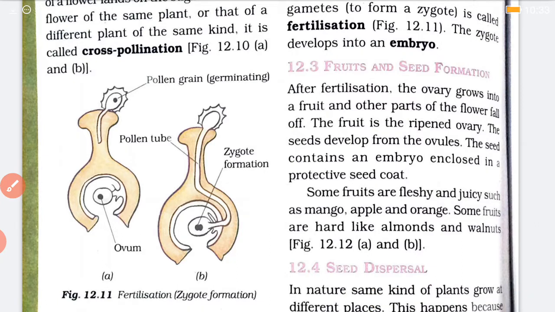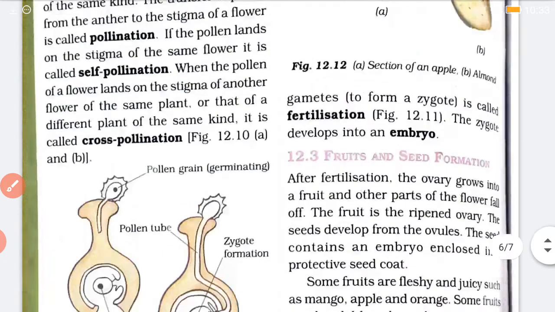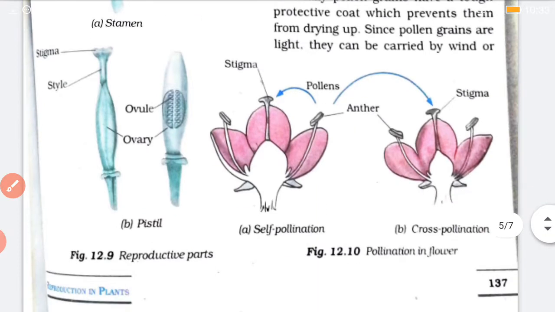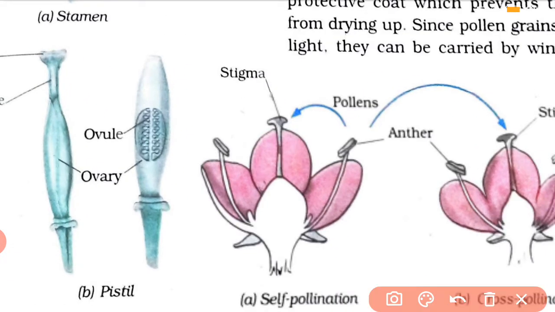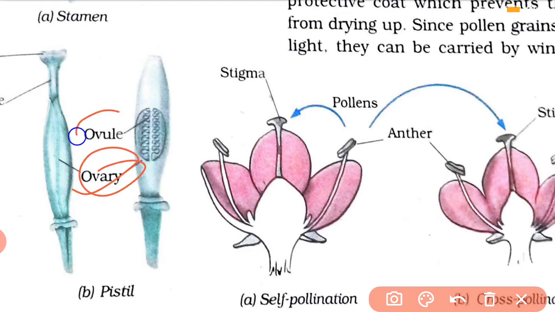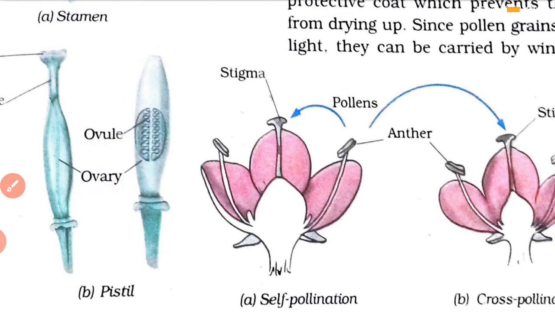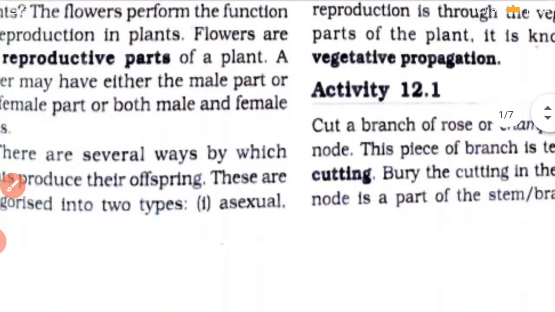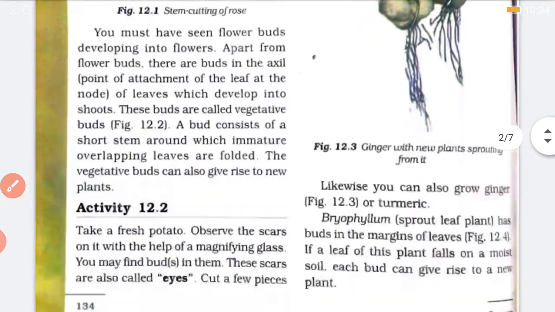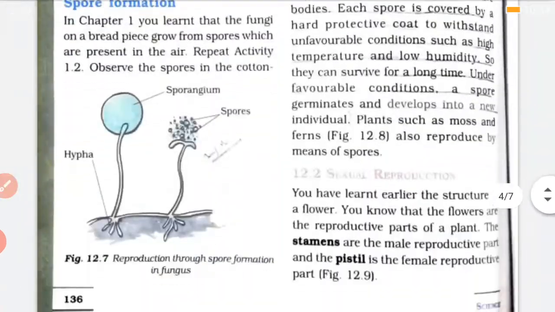Now, which part of the flower develops into the fruit and which part develops into the seed? The ovary. Where is the ovary? We have seen that here it is the ovary, this part. The ovary grows into the fruit and the ovules will grow into the seed. So whatever fruit we are eating, that is the ripened ovary.